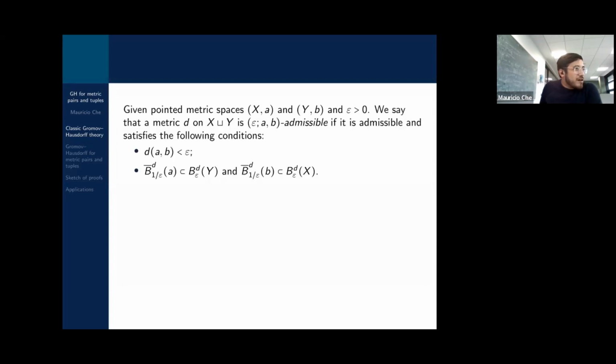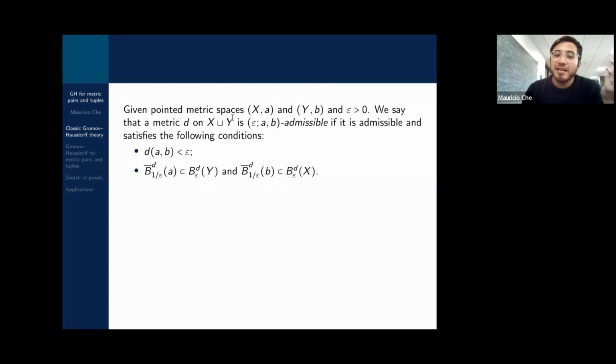Something that I think not many people are quite aware of, but for a good reason, from what I gathered talking to people and asking, there is also a notion of distance between pointed metric spaces that metrizes the previous convergence. And in order to define such a distance, consider two pointed metric spaces, (X,A) and (Y,B), and some positive epsilon.